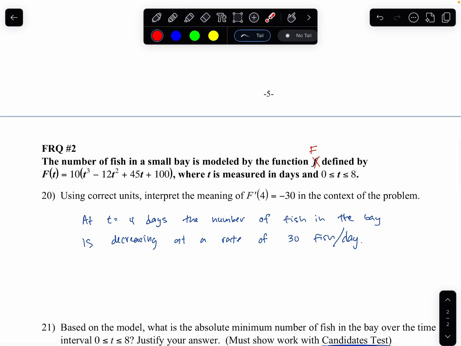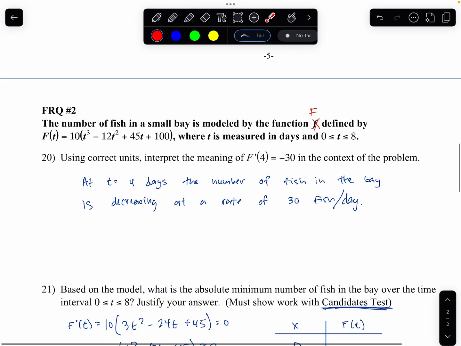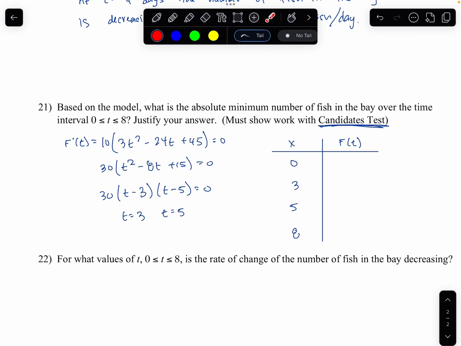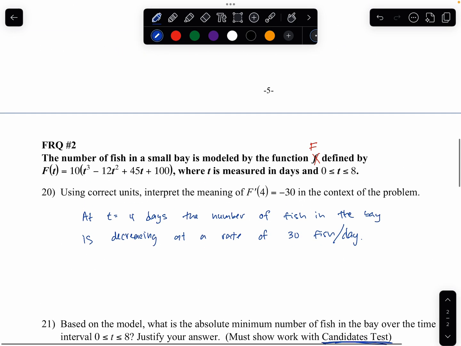Okay, so we can plug in 0 first of all. Plugging in 0 is not bad. That's going to be 1,000. All right, we can plug in 3. I'm plugging them into the function, so that's going to be x to the third minus 12x squared plus 45x plus 1000.